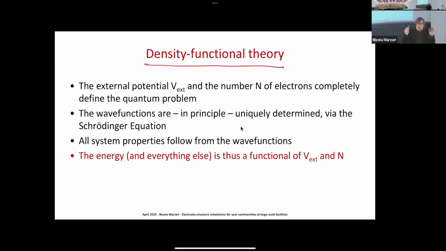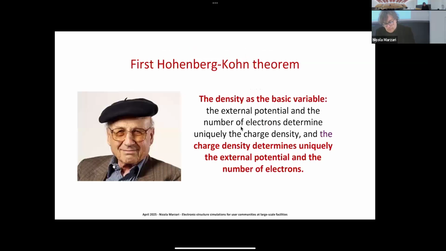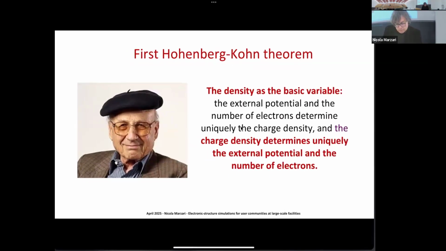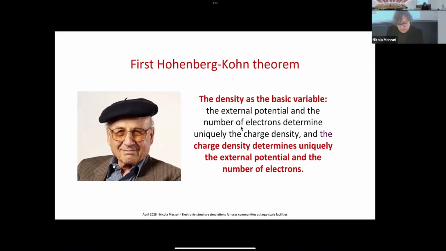So at least conceptually, I can say that the ground state energy, and every other ground state property, depends in some mysterious way on the external potential and the number of electrons. What Kohn proved is what we call the first Hohenberg-Kohn theorem.